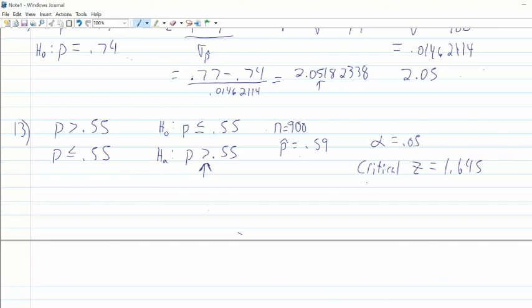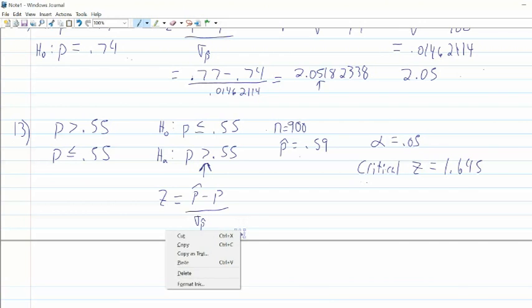So the test value is going to be, let's see, z equals p hat minus p over that sigma sub p hat. So remember, finding that denominator, that's a calculation in itself, so you might want to do that first. So that's found from, remember it was p times 1 minus p over n.